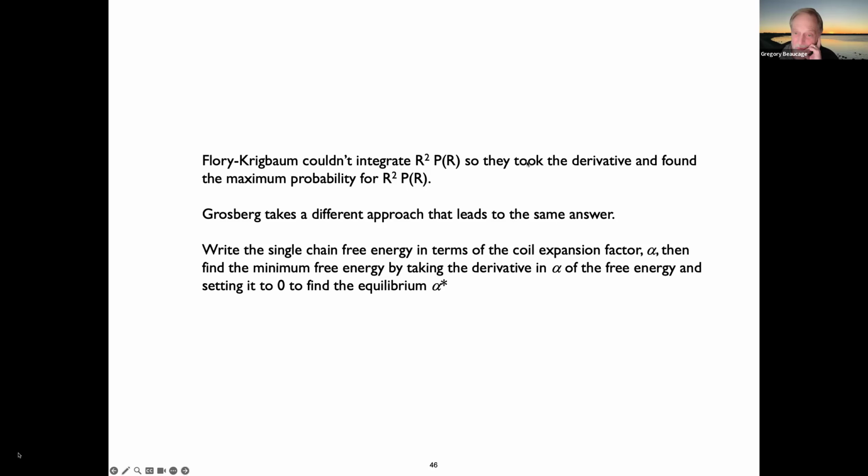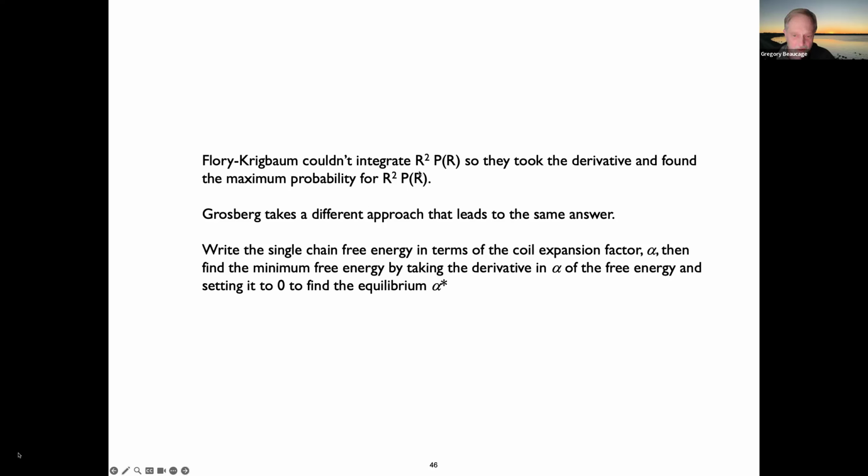So rather than doing the integral, they took the derivative and set it to 0 to find the maximum probability of a chain at distance R squared. By solving that equation, they got the 3/5: the end-to-end distance follows 3/5 scaling in molecular weight. So it's a 1.67 fractal dimension object.